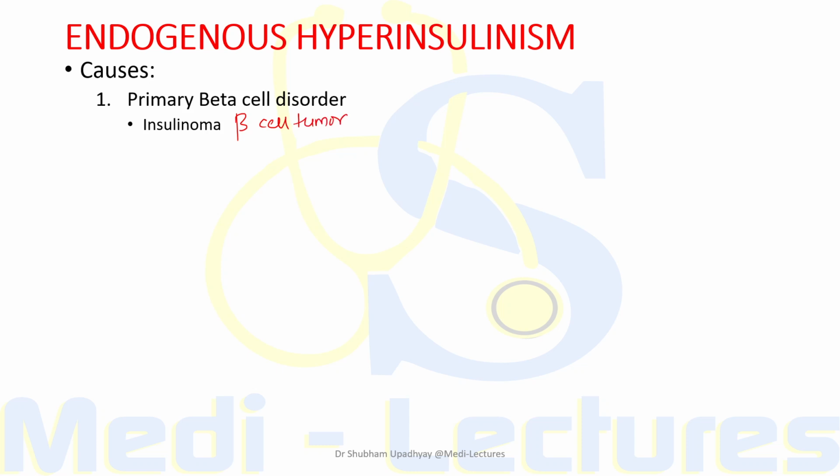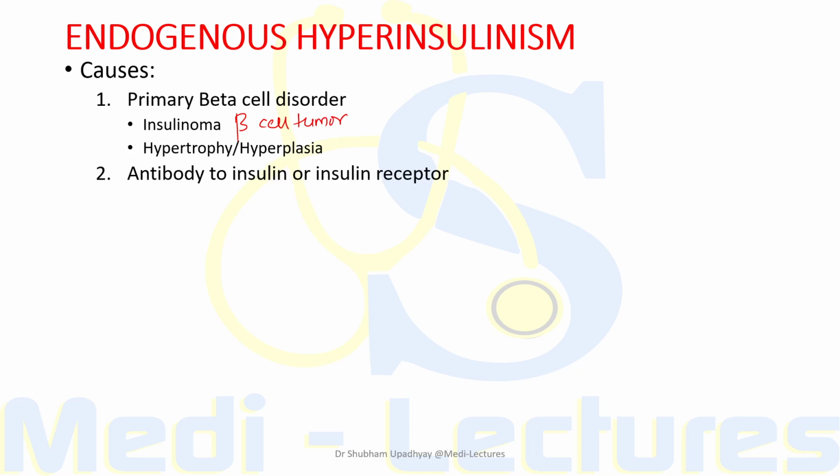Or there can be a functional beta cell disorder in which there can be hypertrophy or hyperplasia of beta cells. Other than this, antibody to insulin or insulin receptor can lead to hypoglycemia. Beta cell secretagogue ingestion, like sulfonylureas by a healthy adult, can lead to hypoglycemia. Rarely there can be ectopic insulin secretion.